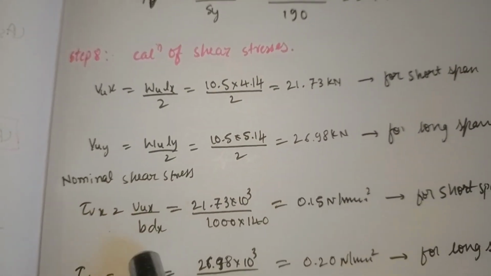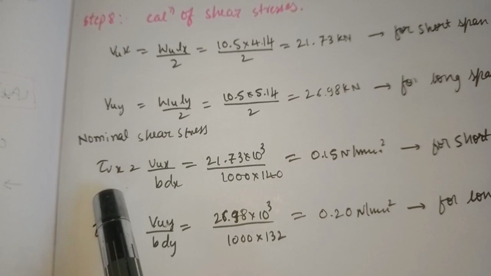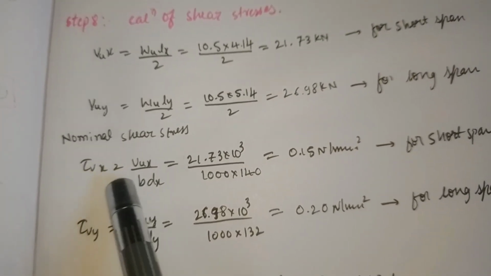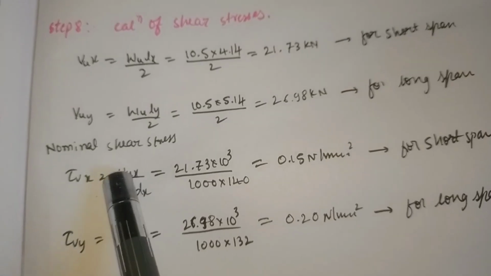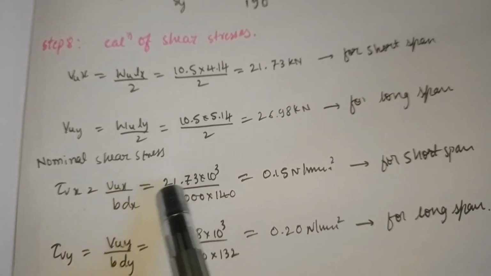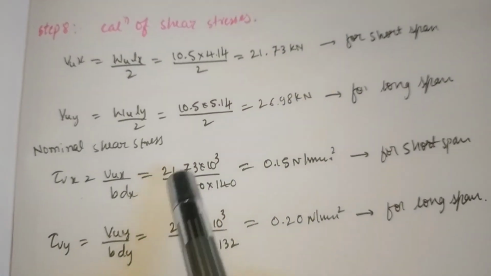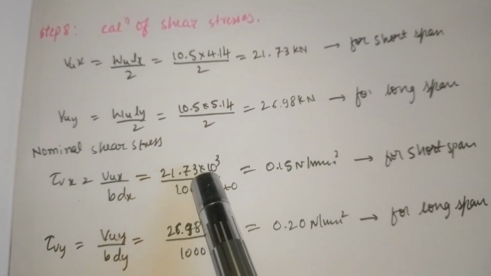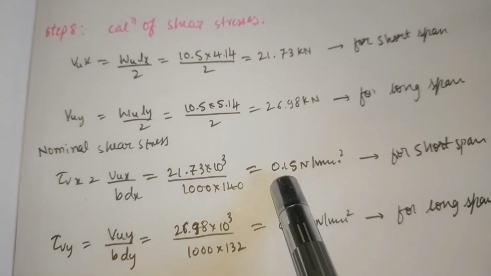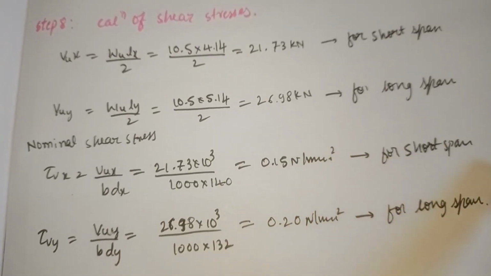So next we'll go for the calculation of nominal shear stress, that is denoted as tau v x. It is Vux divided by b into dx. So Vux we got was 21.73 kilonewton. So substitute that value, 21.73 into 10 to the power of 3 divided by 1000 into 140. It will come out as 0.13 Newton per mm square for short span.